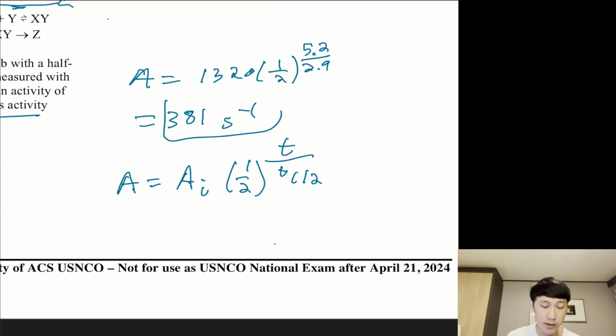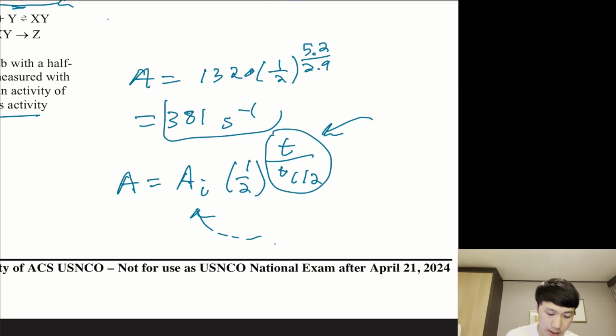Now, why does this formula work? We start with some initial concentration, and t will initially be 0. When t is 0, this whole exponent will be equal to 0, and 1/2 raised to the 0 is 1, so A initial is going to be A. Initially, the activity is going to be A initial.